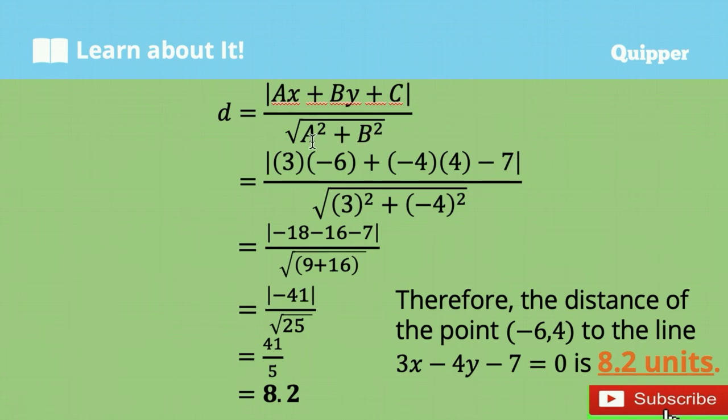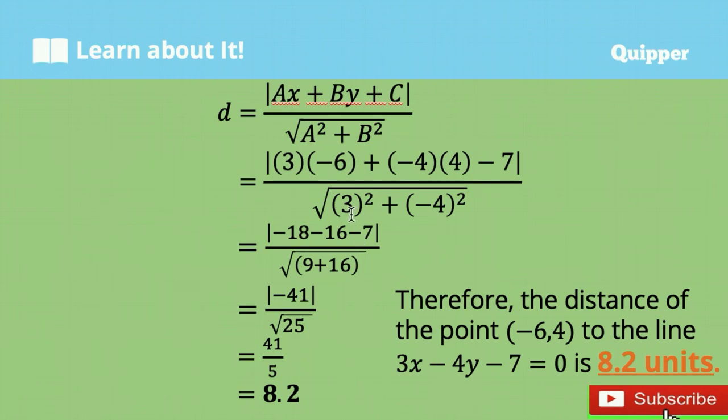A is 3, x is -6, b is -4, y is 4, and c is -7. Then in the denominator again we have a is 3, b is -4. Then simplifying, we have 3 times -6, that is -18. -4 times 4 is -16. Just copy -7.